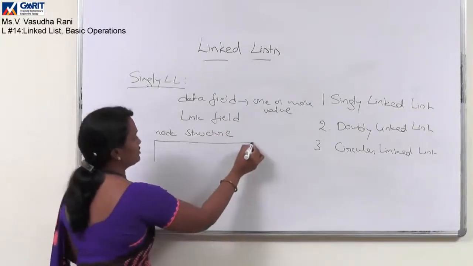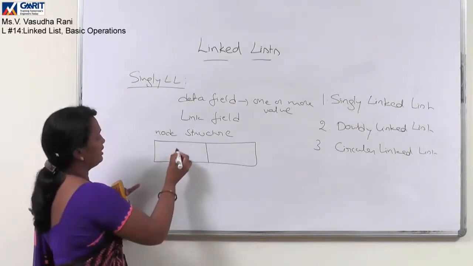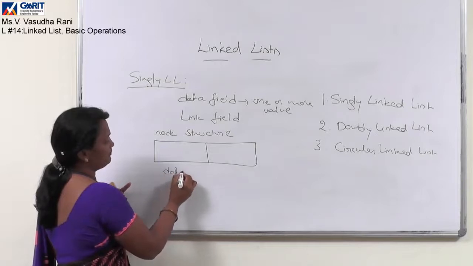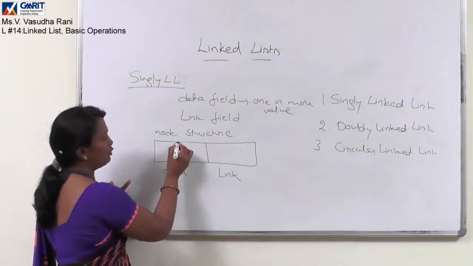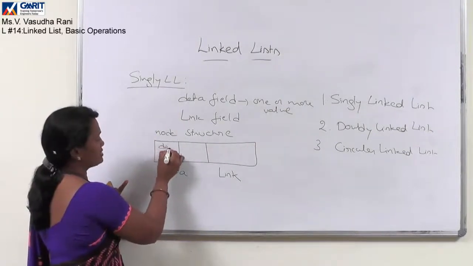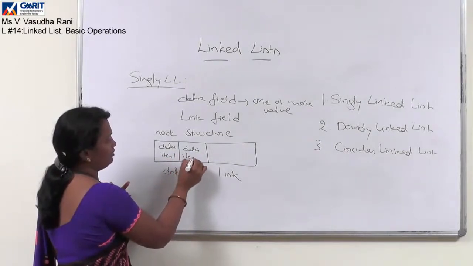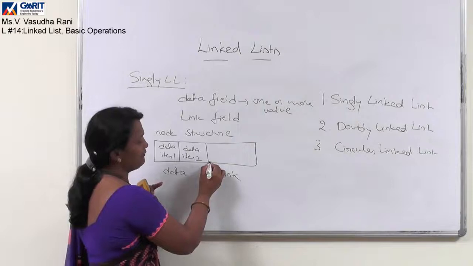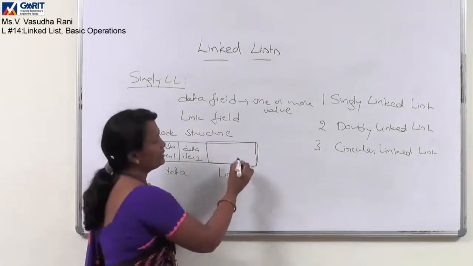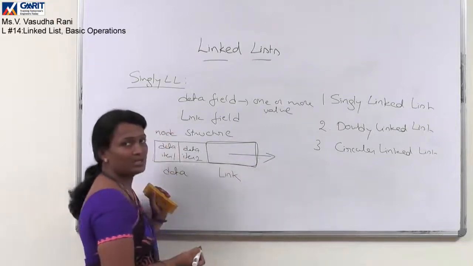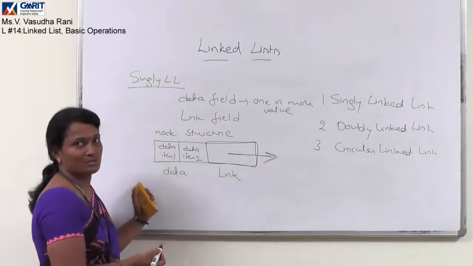Okay, so we can visualize the node structure like this, with two fields. This is the data field, and this is the link field or address field. This data field may contain more than one data item, such as data item 1 or data item 2. The link field is used to refer to the address of the next node.